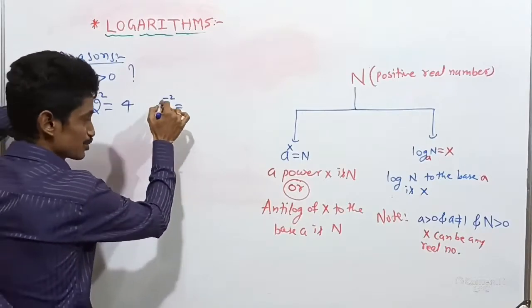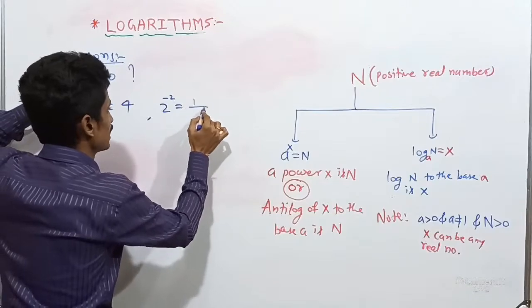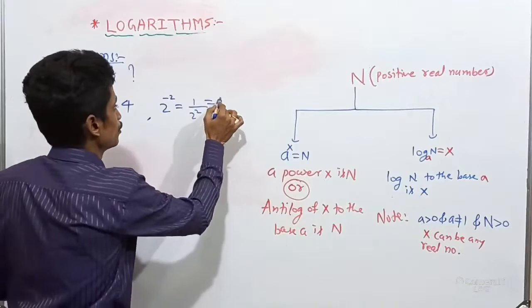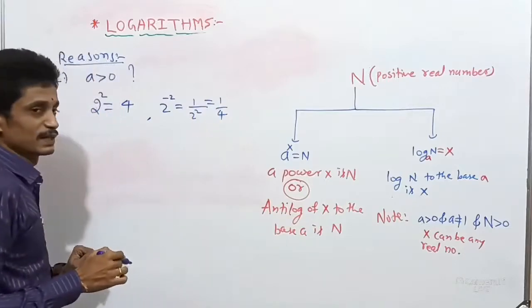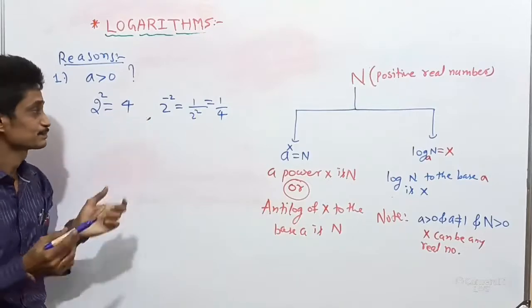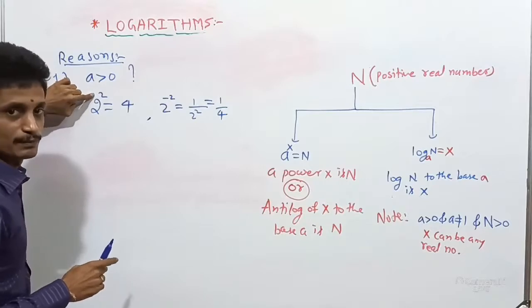Now my answer is taking the reciprocal. Reciprocal will be how much? 1 divided by 2 squared. Now it becomes a positive form. So 1 divided by 4 we will get. Look at these two examples properly. One is the base, another one is the power.